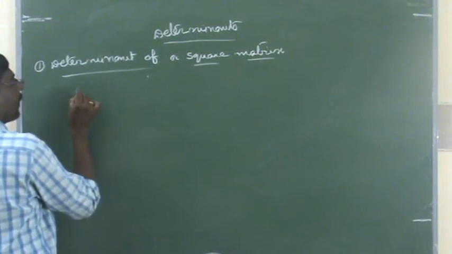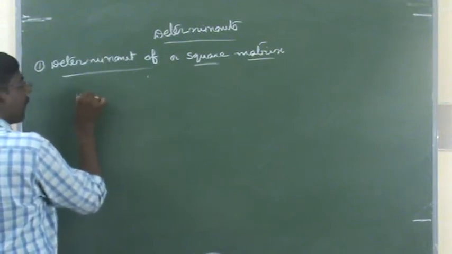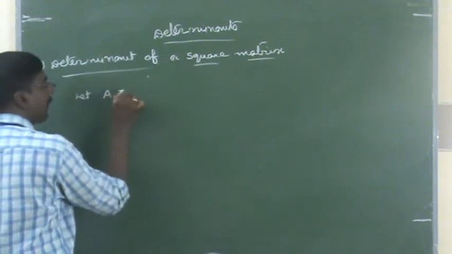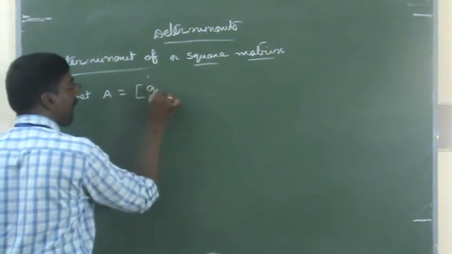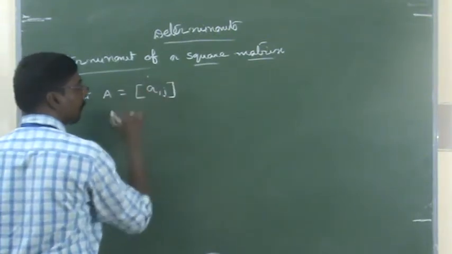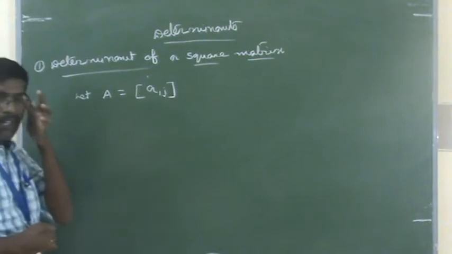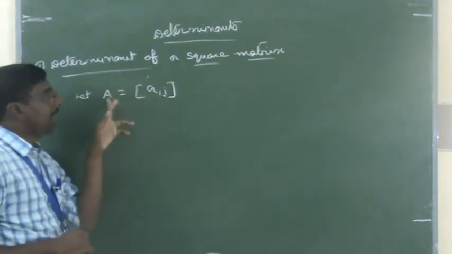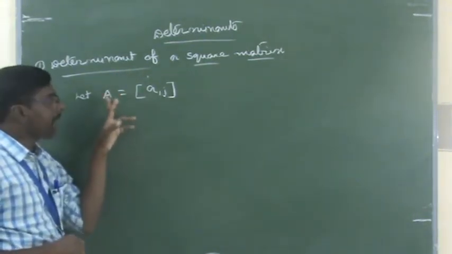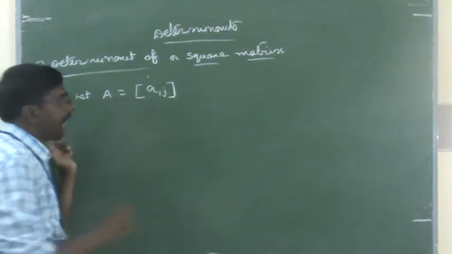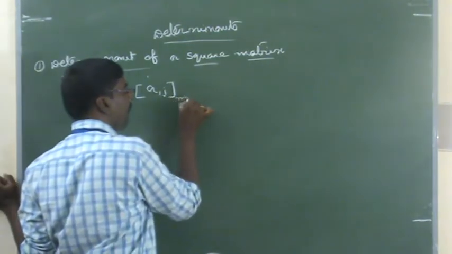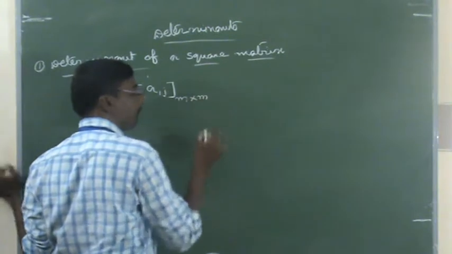Okay, now we can write it down. Let capital A be the matrix Aij. The definition of the determinant of a square matrix: matrix A can be Aij of order m by m.